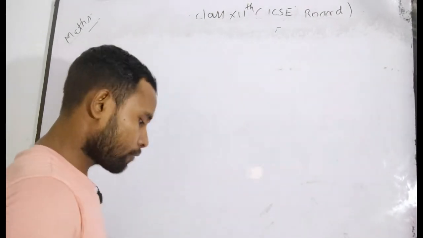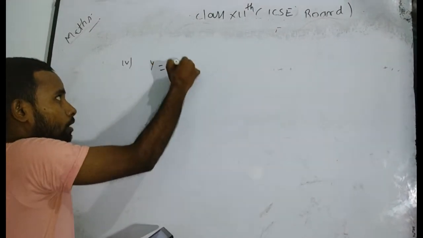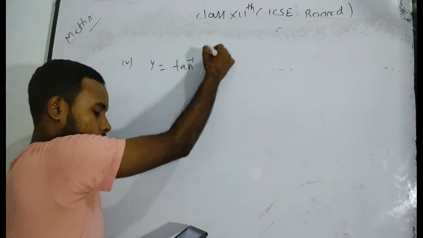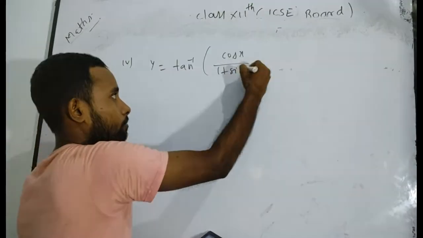See, question 4. y is equal to tan inverse of cos x divided by 1 plus sin x.